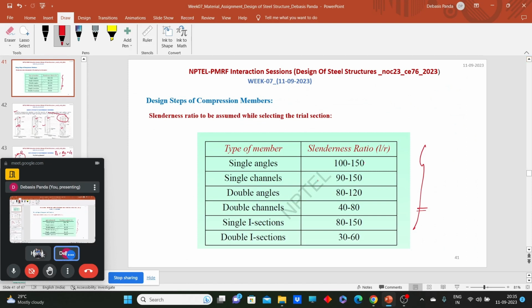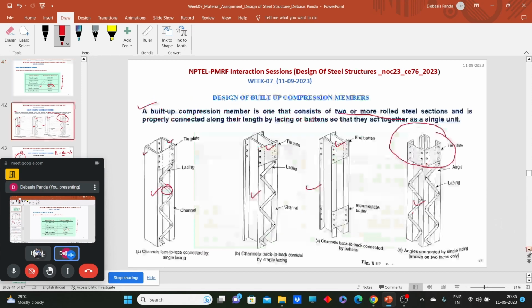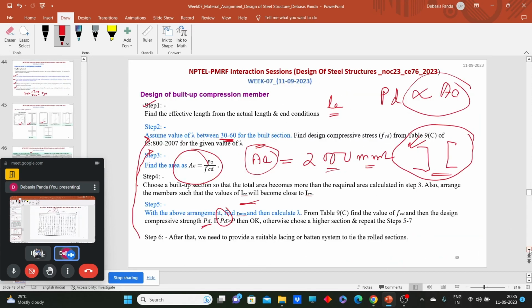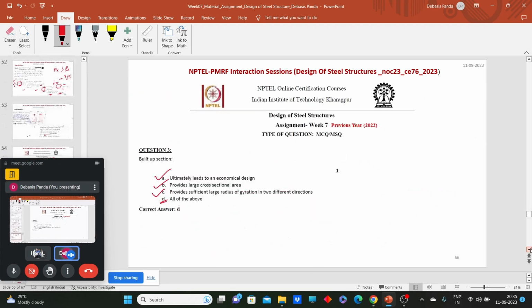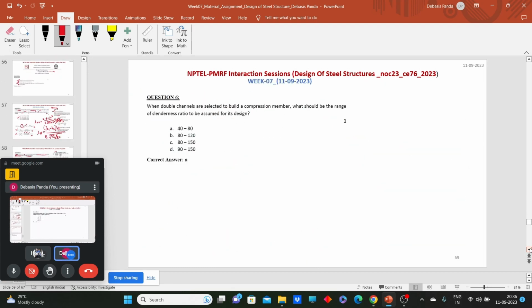Here you can see double channel sections have 40 to 80. For the other combinations also you can find the value of slenderness ratio for selecting the members. This is for primary selections. Okay. Now let's see what the next question says. So here 40 to 60 will be the correct answer.